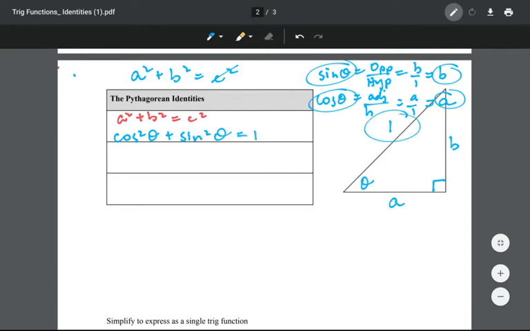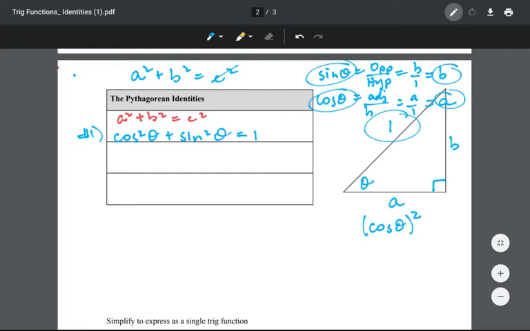Notice I've written that as cosine, then the power 2, and then theta. That's equivalent to taking cosine theta and then squaring it on the outside. It's cosine theta times cosine theta, either way. So this is iteration number 1. There are 3 of them.